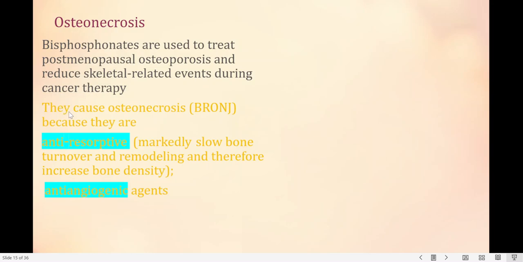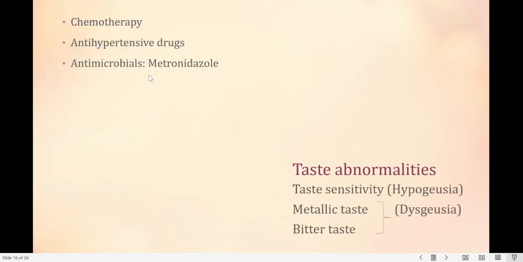These cause osteonecrosis, abbreviated as bisphosphonate related osteonecrosis of the jaw. These cause osteonecrosis because they are anti-resorptive, meaning that they slow the bone turnover and remodeling, therefore increasing the bone density, and also they are anti-angiogenic agents. Therefore, they predispose to osteonecrosis.